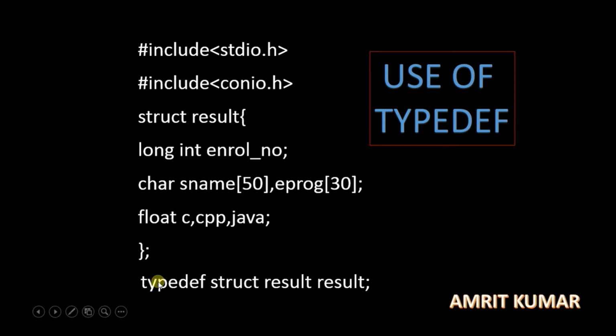Therefore I am using the typedef struct, typedef reserved keyword, then struct result. struct result is actually this thing, means the structure data type of result, and I am assigning that whole thing to the result variable. So actually if we write result, it means we are writing struct result. Understand? So this is the main use of the typedef in C language.